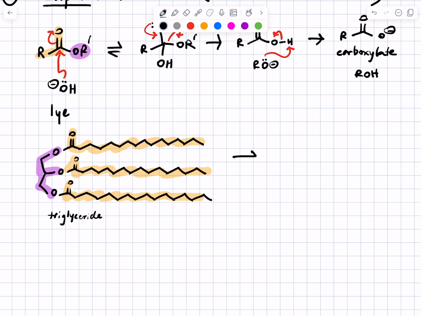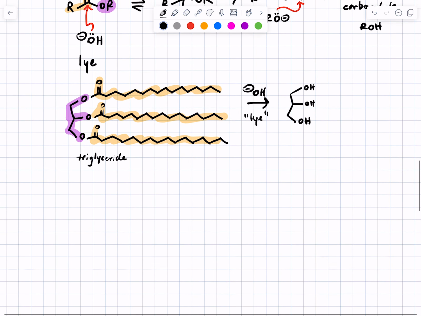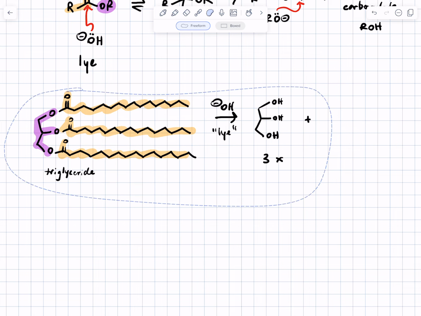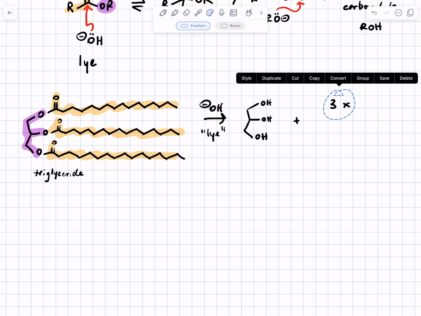And if you do that, what ends up happening is the same reaction we just described above. You liberate the 3-carbon alcohol, that's glycerol. Sometimes that has various purposes. And then what you make are 3 of these long chain hydrocarbon carboxylic acids. So, I'm not gonna have enough room, am I?